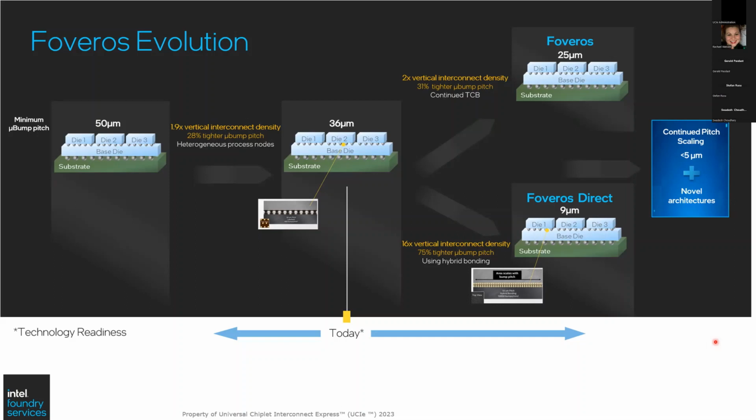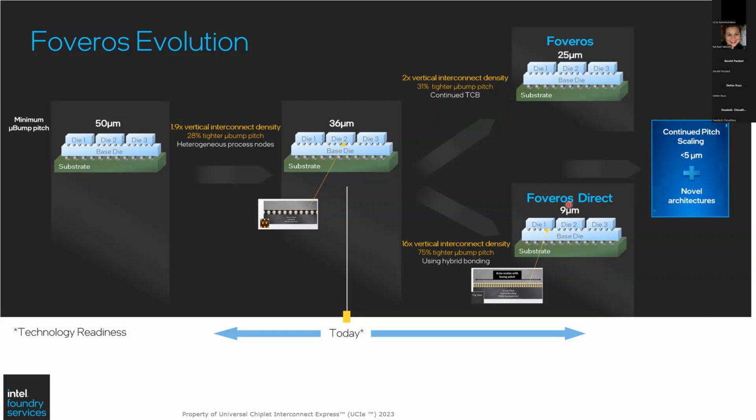This slide shows the Intel Foveros technology roadmap. So we also see a fast pitch reduction from 50 microns to 36, and then down to 25 microns for the conventional Foveros.